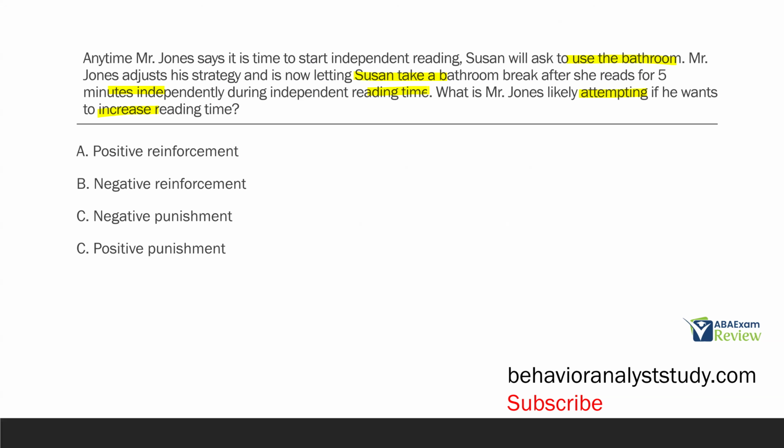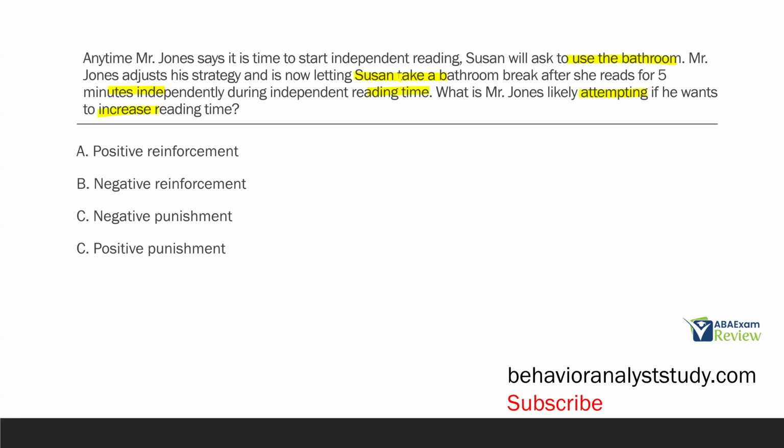Well, he's allowing Susan to escape the reading. Previously, Susan would escape the independent reading by going to the bathroom, but now she has to read for 5 minutes before she can escape the independent reading time. So what Mr. Jones is likely using is some sort of negative reinforcement. It's the removal, right, of the task demand.